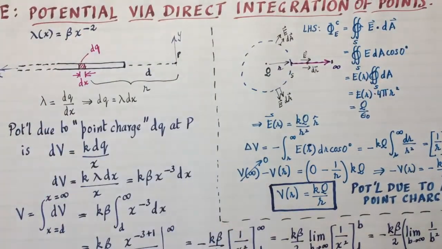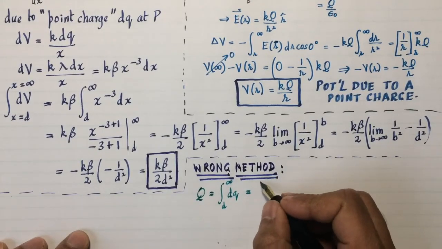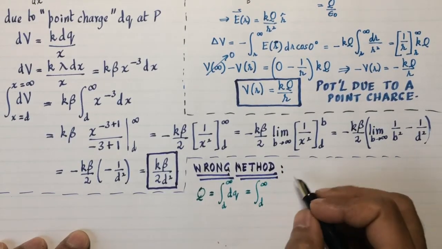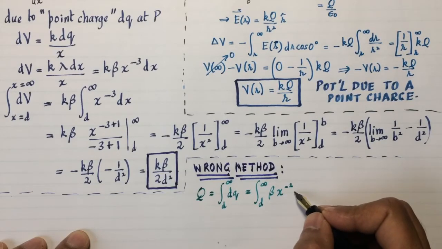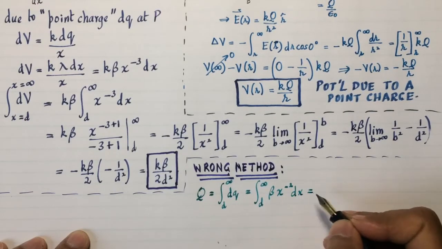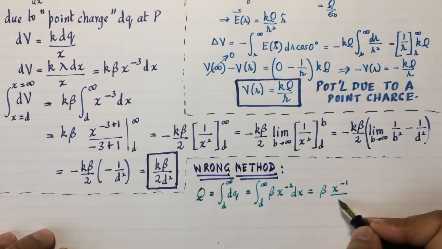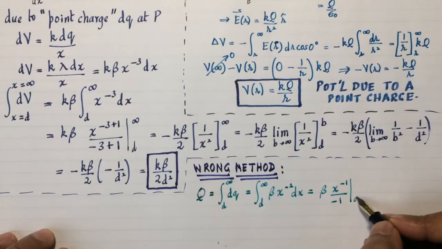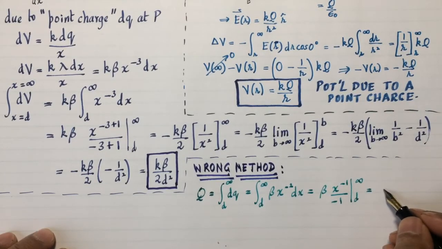So let's write that: integral d to infinity, beta x to the minus 2 dx. And if you perform the integration, that's x to the minus 1 over minus 1 from d to infinity. I won't go through all this. The answer will just end up being beta over d.